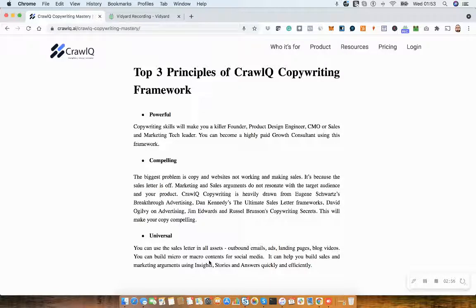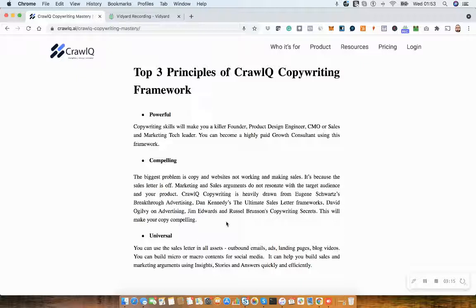It can really help you build sales and marketing arguments, using the insights, stories and answers generated by AI, and everything working behind that AI is this solid, robust and foundational framework.